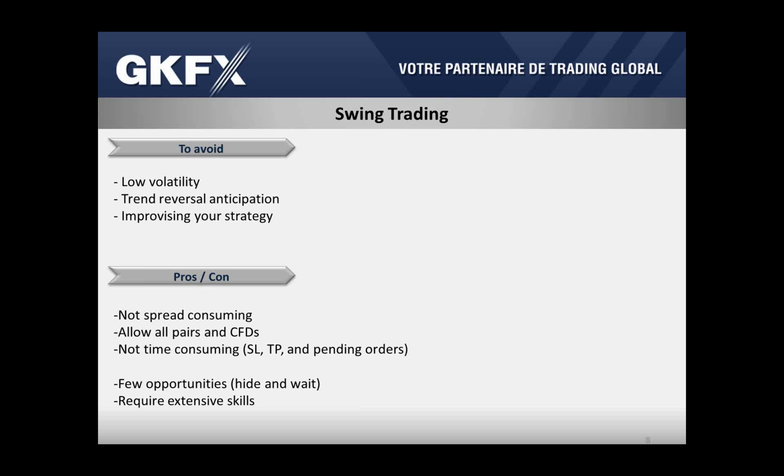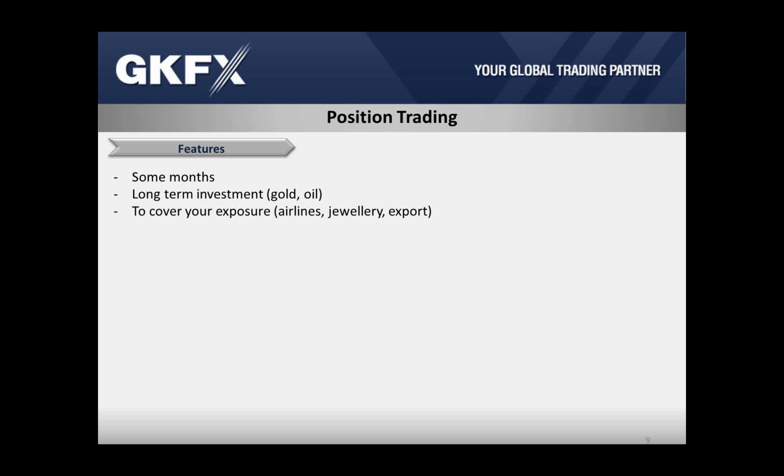Usually airlines buy oil on the market to compensate their expenses. And it can be the same thing for jewelry. Usually jewelers are buying gold once again to compensate and cover their expenses. It can be the same thing for exporting companies.